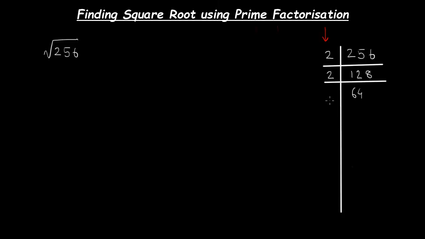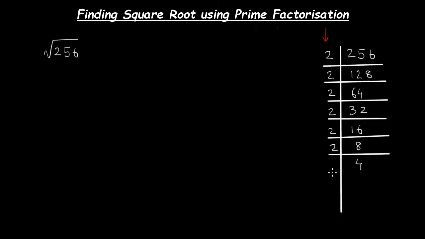You continue in a similar manner. So 2 multiplied by 32 gives you 64. Next, 2 multiplied by 16 gives you 32. 2 multiplied by 8 gives you 16. 2 multiplied by 4 gives you 8.